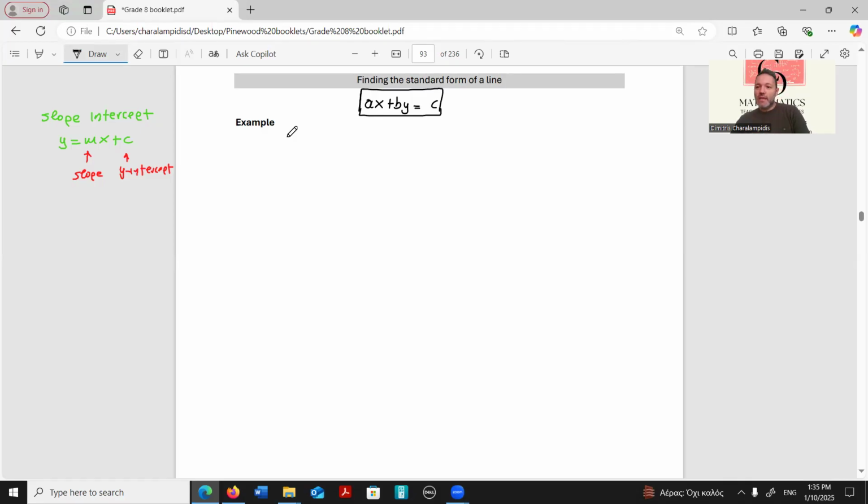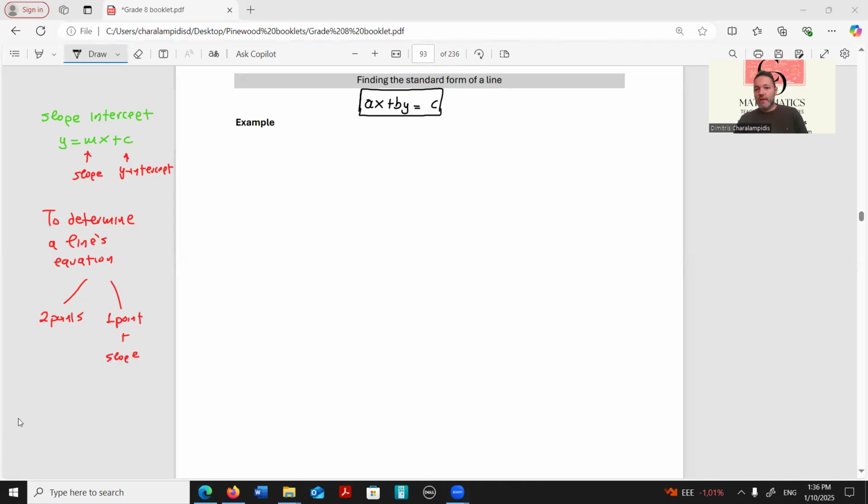Now, we need to be able to find such a form. Like we did before, still we're talking about lines. So still, in order to determine the equation of a line, regardless of its form, I either need 2 points of the line or 1 point and the slope.